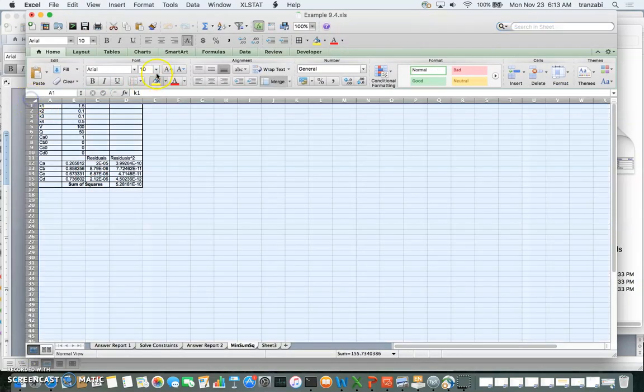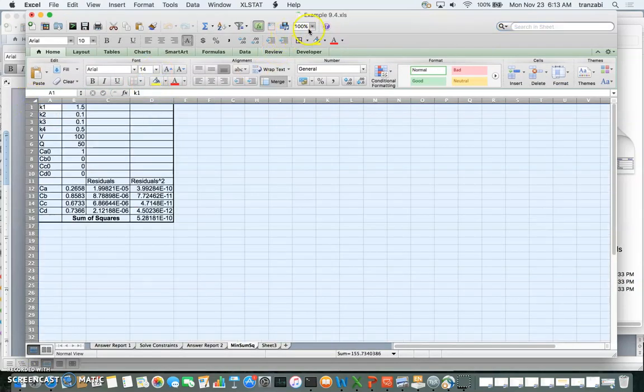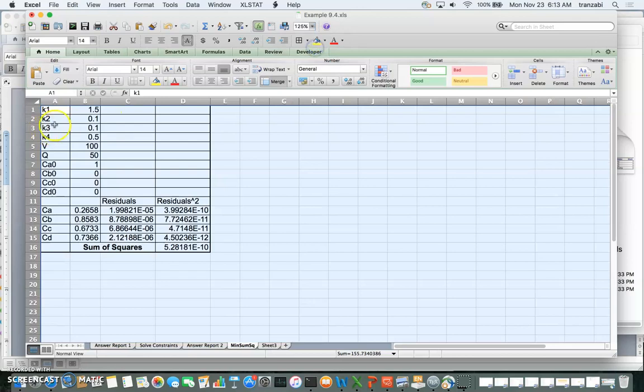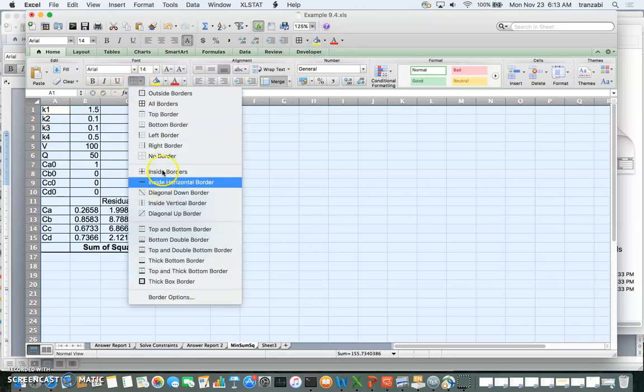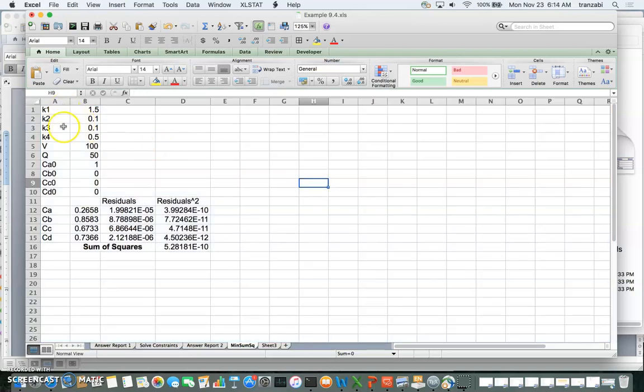I'm going to increase the font a little bit to 14 and make this 125% so you guys can see, and then no border lines. Okay, so we have the K's here, V is given, Q is given, the initial concentration, exactly like the problem says. And now let's see how we can set up the equations.